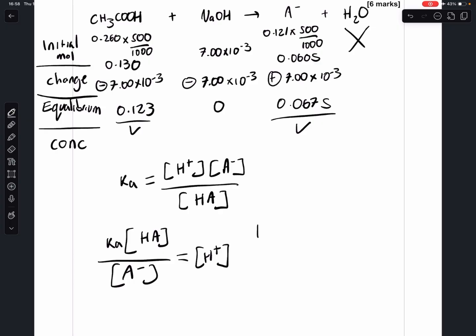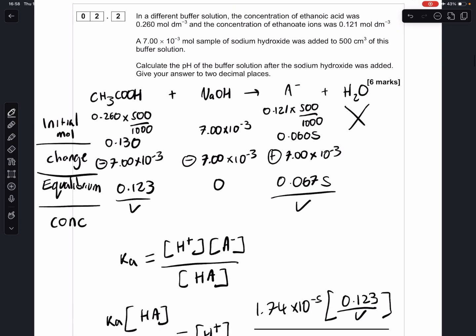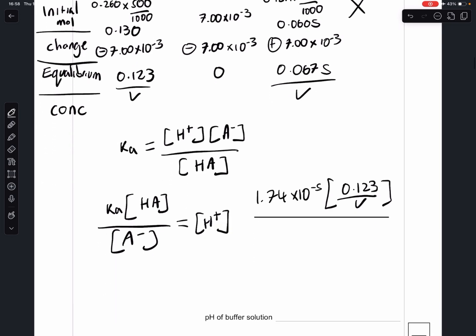So that is our Ka, multiplied by our HA, which we worked out to be 0.23 over volume, divided by our A minus, which we calculated to be 0.0675 over volume. And this will give us our H plus concentration.